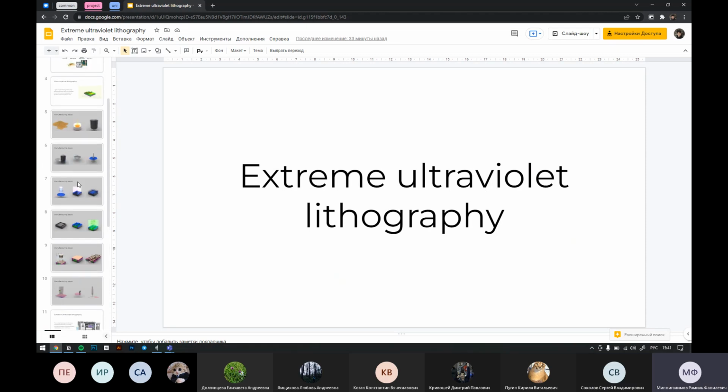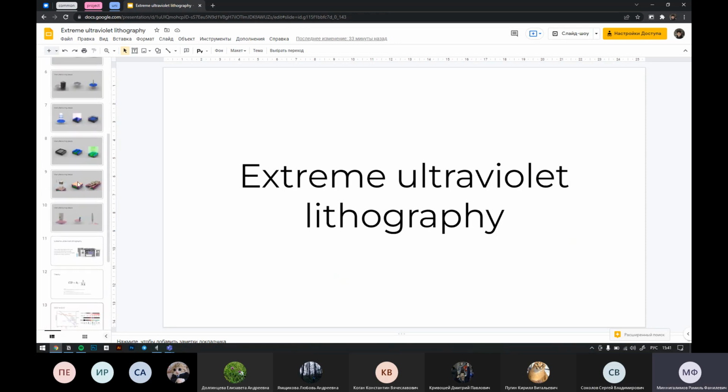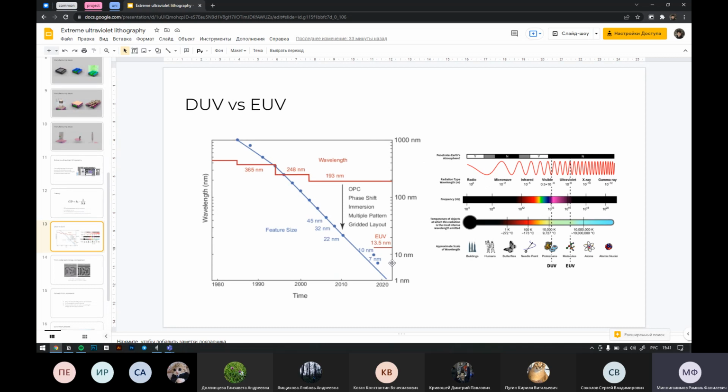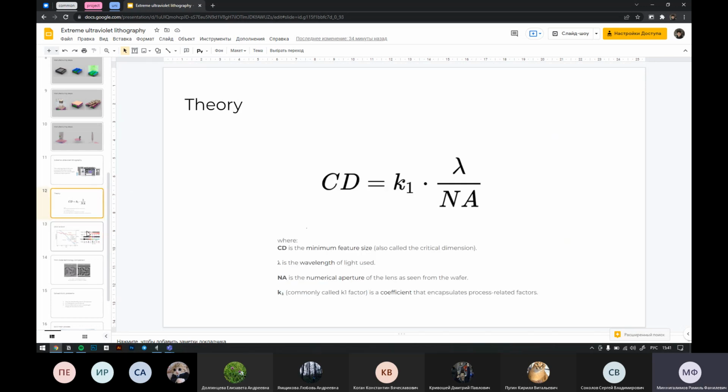It's because we faced a problem with nanometers, and DUV cannot give us the nanometers that we want, because it has some problems with temperature and, as I know, information transitions.